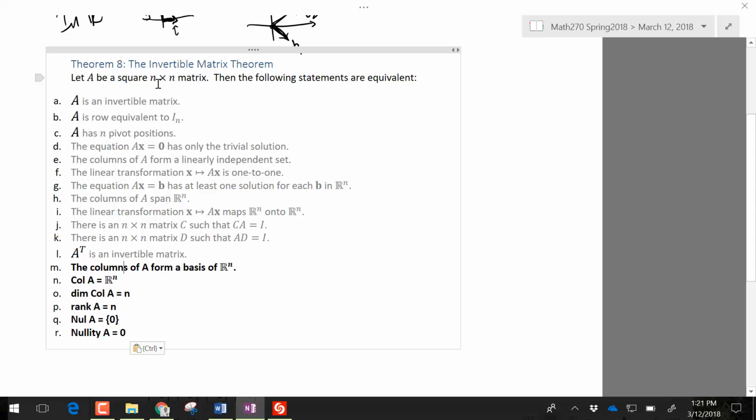So the columns form a basis for Rn. This book is not talking about row space and didn't mention rows, but you can also replace that with rows. So the n rows themselves will also form a basis for Rn.